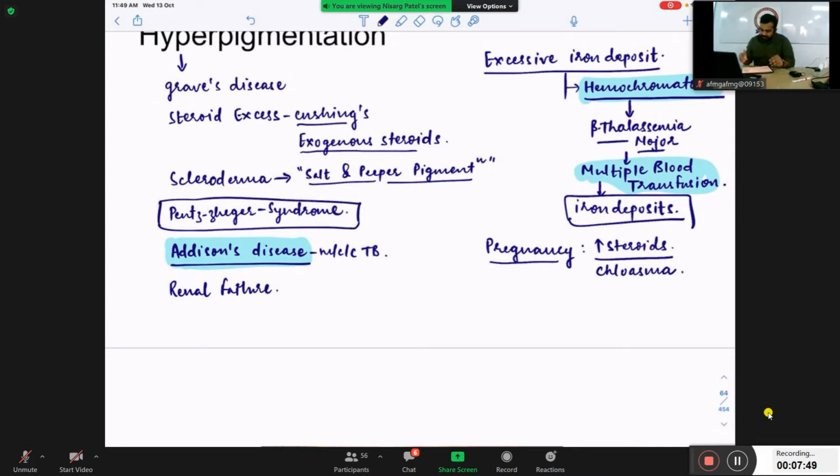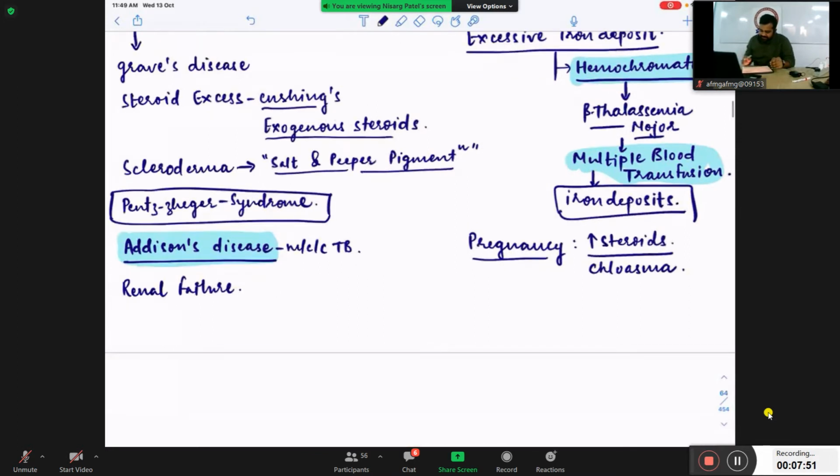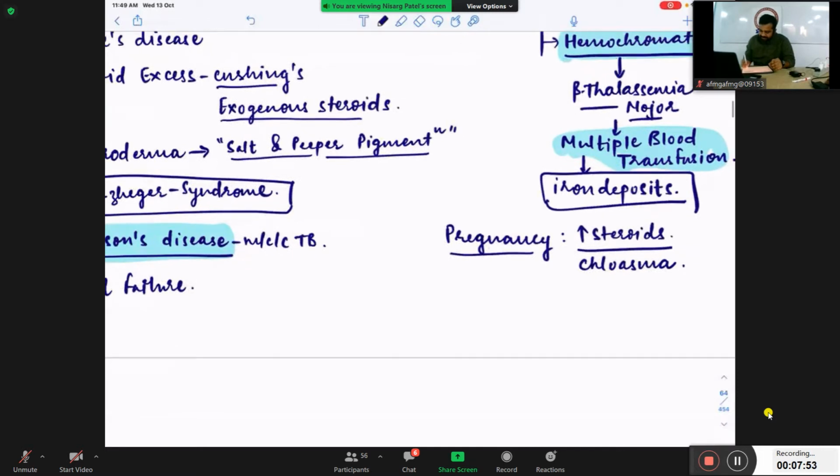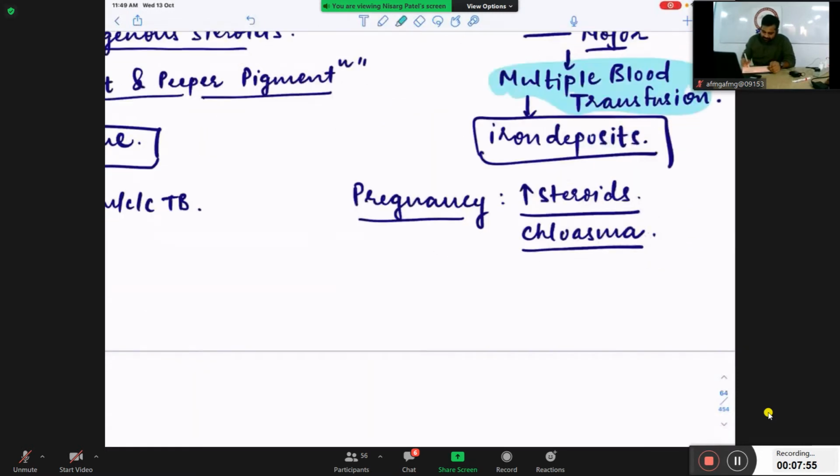If we are talking about pregnancy, what other medicine can cause hyperpigmentation? Pregnancy is a stage of high progesterone, right? Progesterone is too high. Estrogen is also too high, but progesterone is much higher. So if a patient is taking oral contraceptive pills, she can have hyperpigmentation.